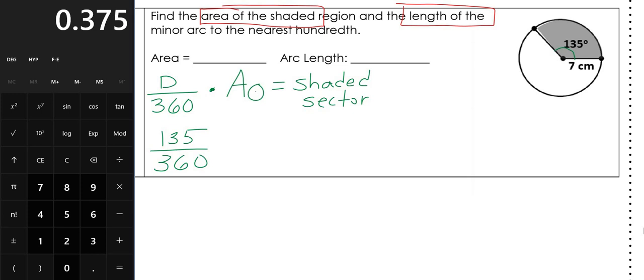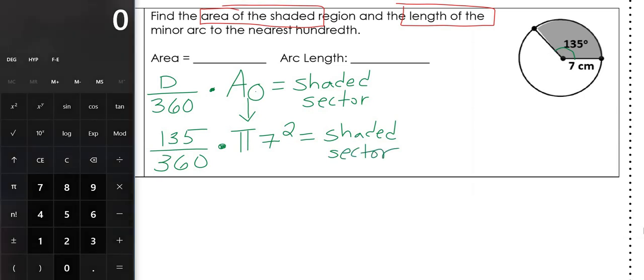Okay, so 135 over 360 times the area for a full circle. They didn't give you the area for the full circle, so you have to figure it out. Replace area formula with pi r, which in this case is 7, squared. And you do this all in the calculator, and what you get is the shaded portion, the shaded sector area.